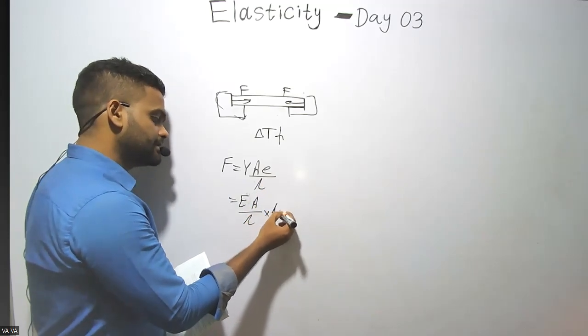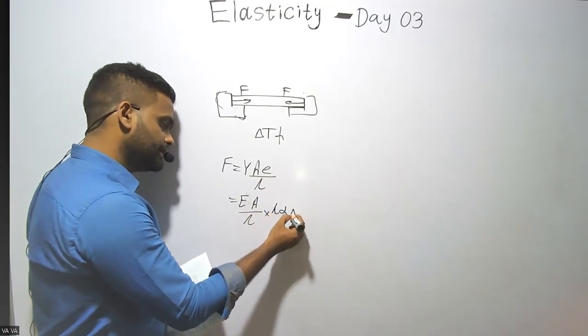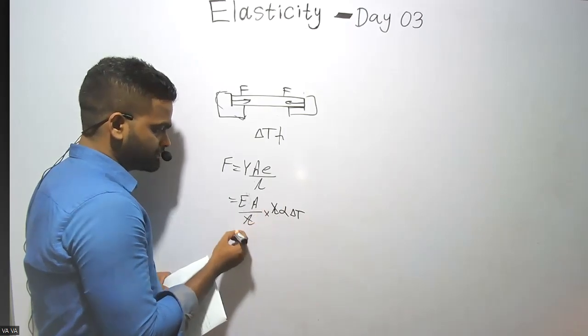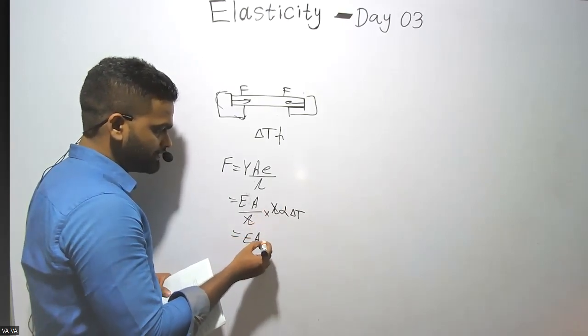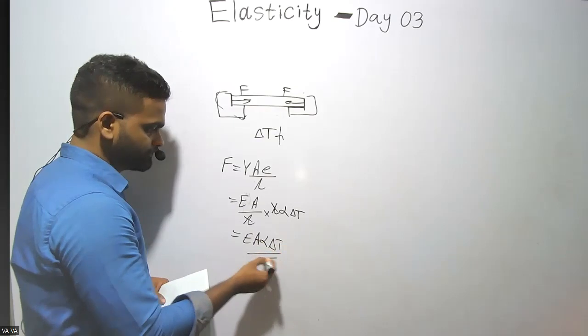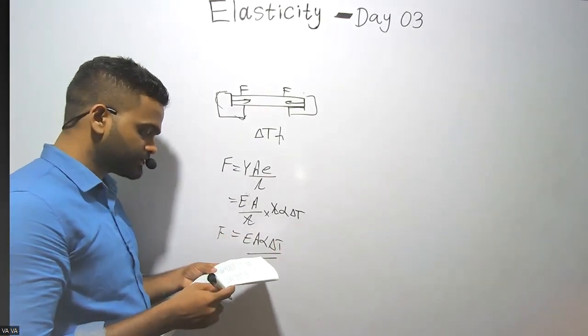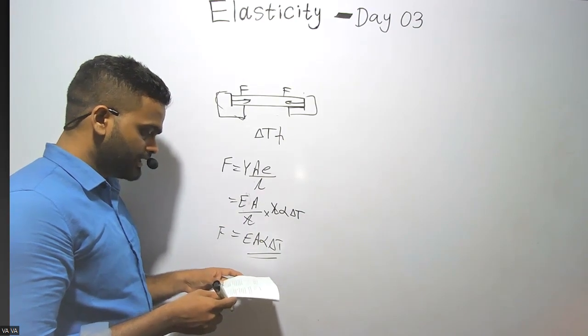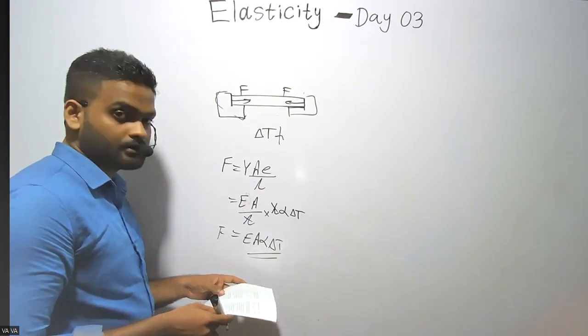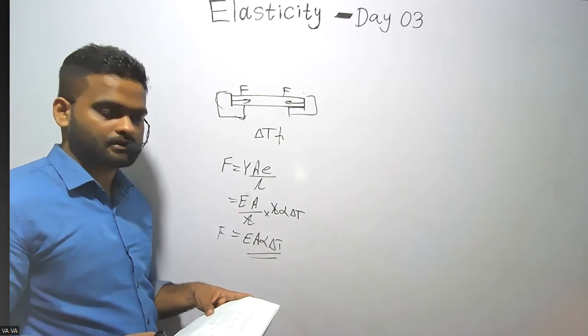So that is L alpha delta T. So L cancels off, and this becomes E A alpha delta T. So this is the compressive force caused due to the increase of temperature. E A alpha delta T. So the answer should be the first one, right? First one.